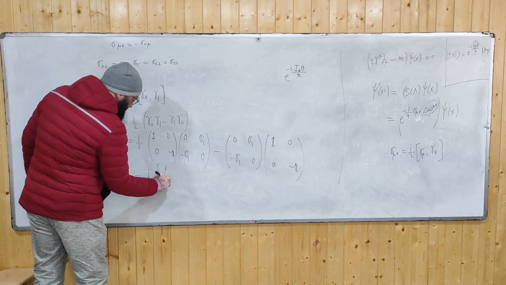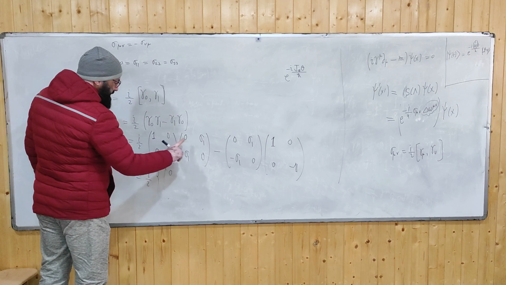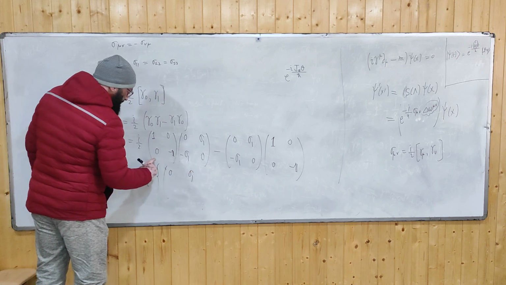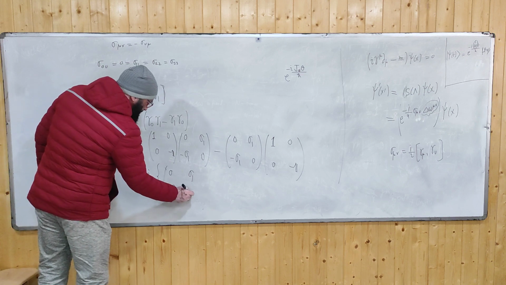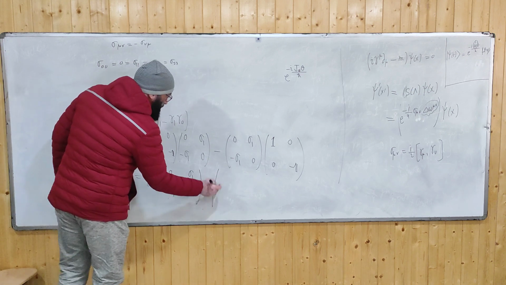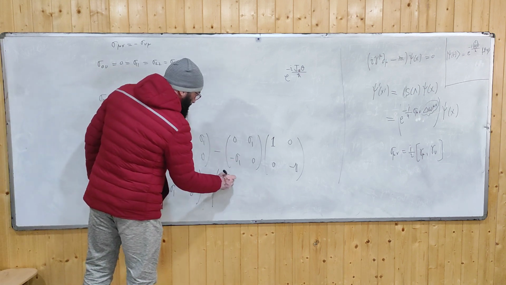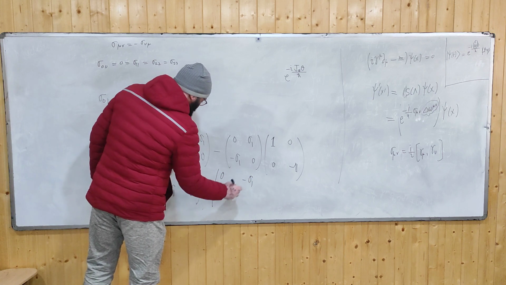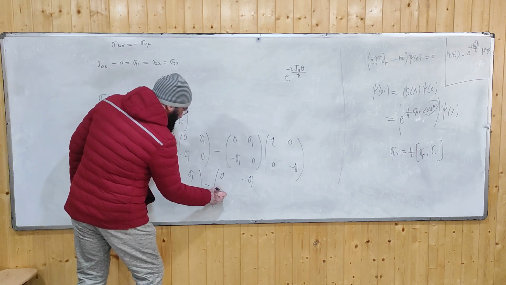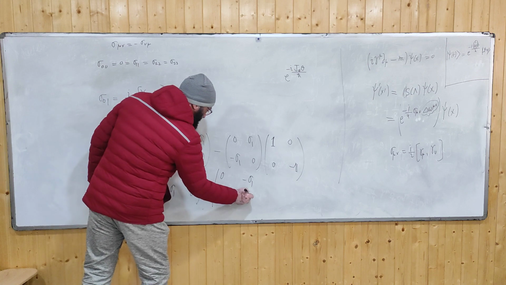So this will be 0. Then you have sigma 1, then you have sigma 1, 0. Minus, you have 0, then minus sigma 1. What do you have? Minus sigma 1 and 0.